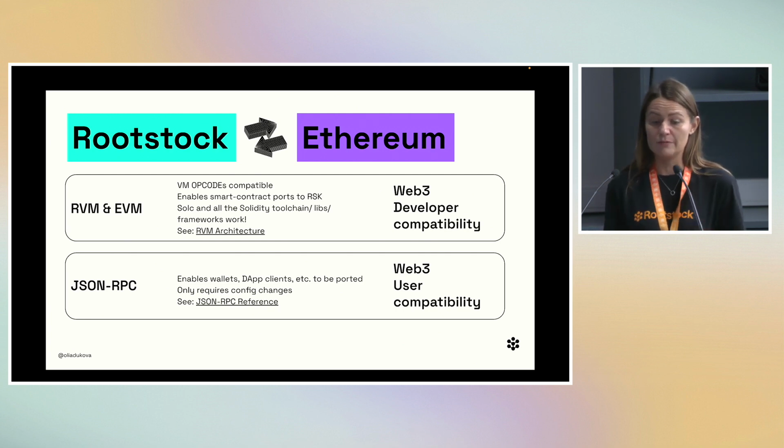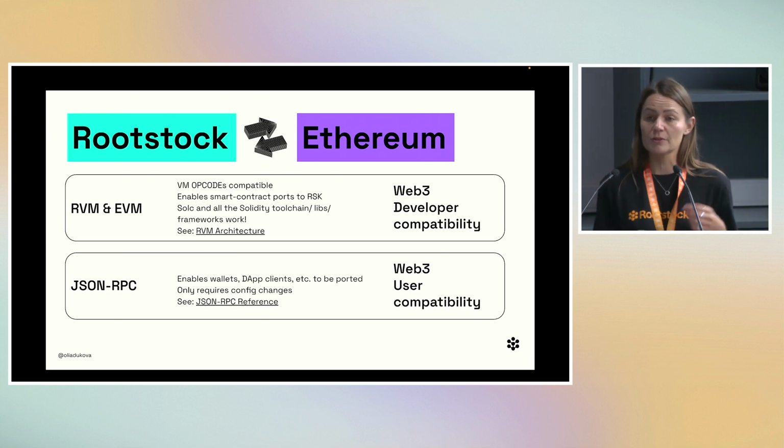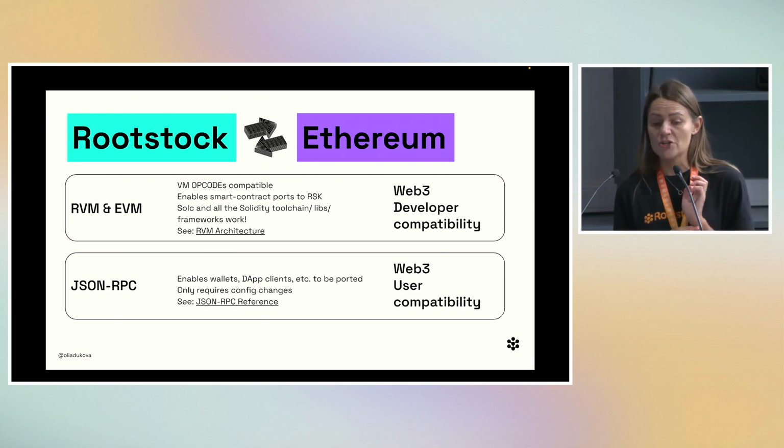If you've been developing in the space, dev frameworks like Hardhat, Foundry, wagmi, you name it, everything will work. And from the user perspective, the Rootstock node exposes the same JSON-RPC interface as an Ethereum node would, so you can also easily port dApps from Ethereum compatible chains with just a slight change in configuration.